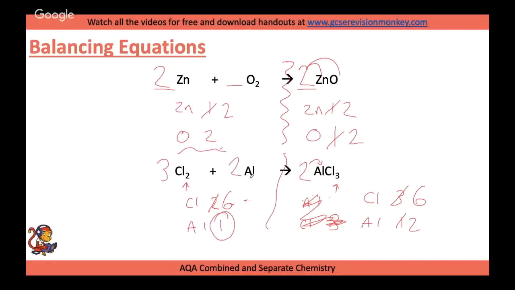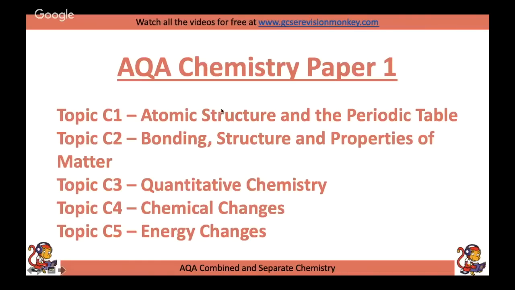So we put a 2 there, and that will give us 2 overall. So do give these a go, even if you find them tricky. It's trial and error, and as long as you've got the same number of atoms either side, that's conservation of mass, that no atoms are lost or gained. Okay, so that's why these are important. Conservation of mass.